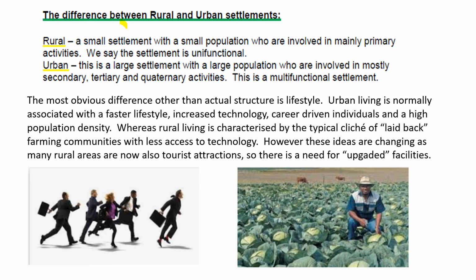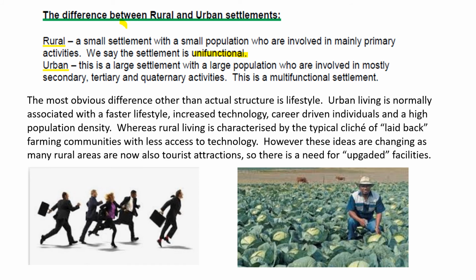So the last slide that we're going to look at here is the difference between rural and urban settlements. Rural settlements, small settlements, small population, and they're mostly involved in primary activities. So if we talk about primary activities, that would be fishing, farming, and forestry. Not really mining, but mining is also one of the primary activities. So then we say that this area is unifunctional.